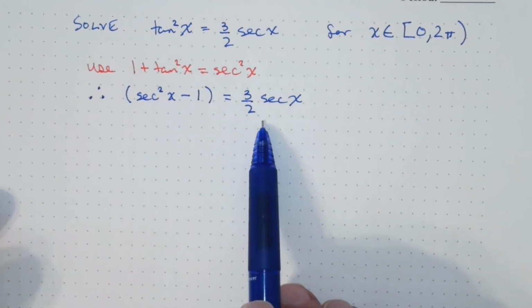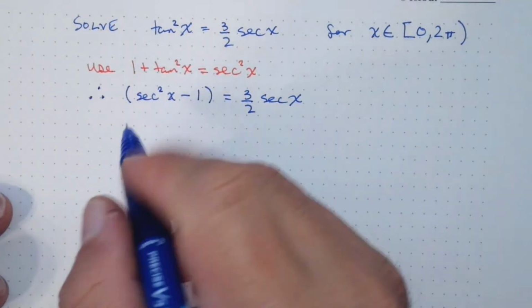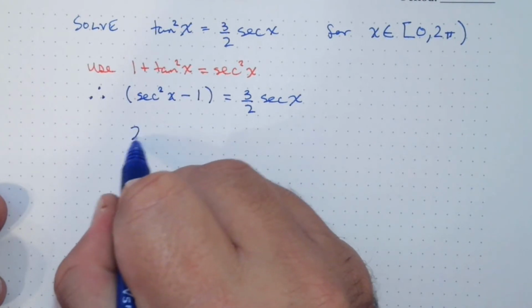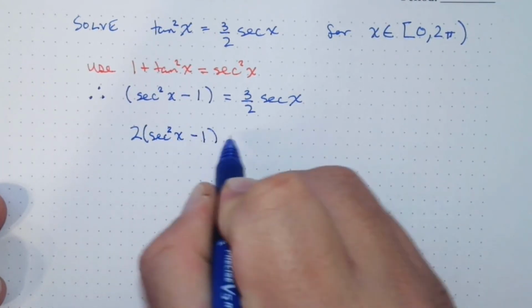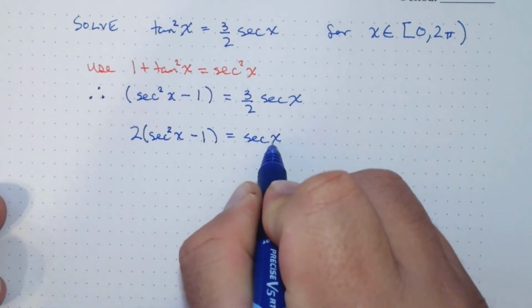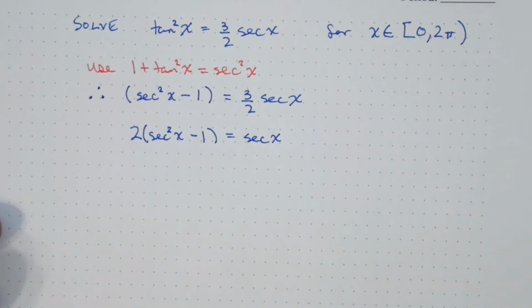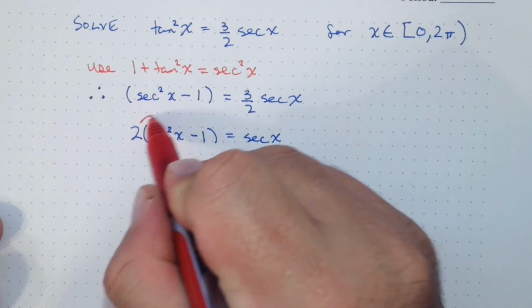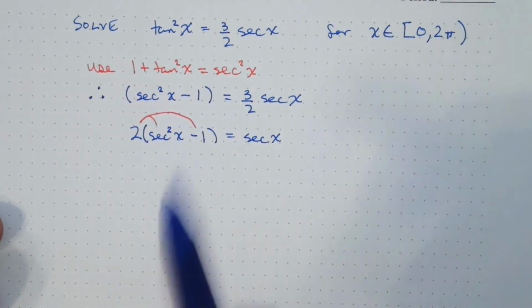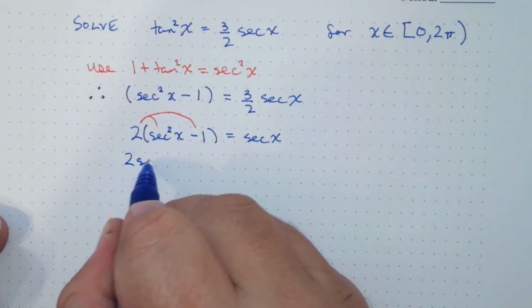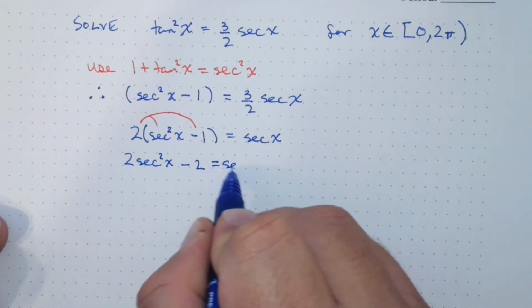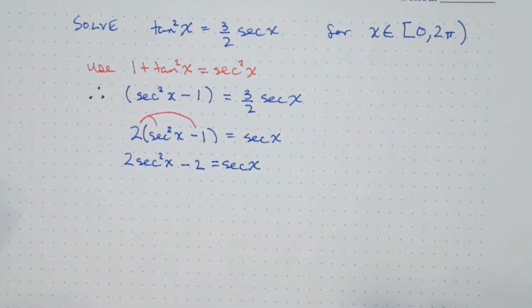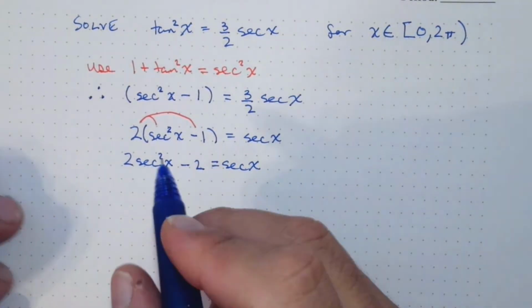I personally don't like fractions too much, so I'm going to multiply both sides by 2. So 2 times (secant squared of x minus 1) equals 3 secant of x. Next up, my distributive property. That gives me 2 secant squared of x minus 2 equals 3 secant of x. Now this is starting to have a quadratic feel to it.